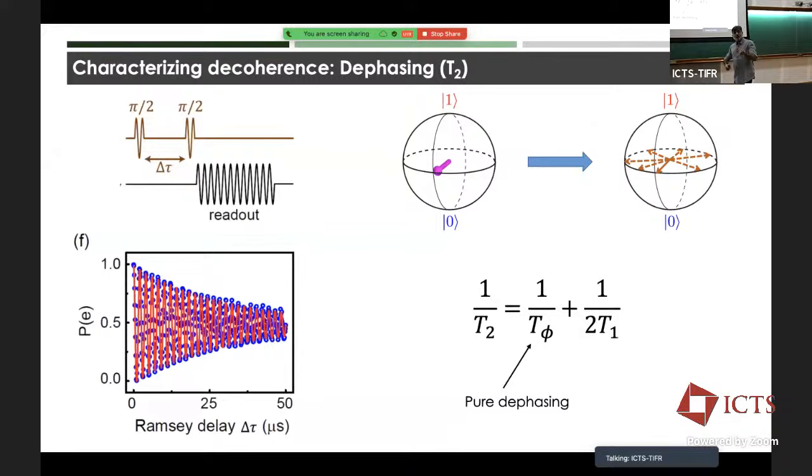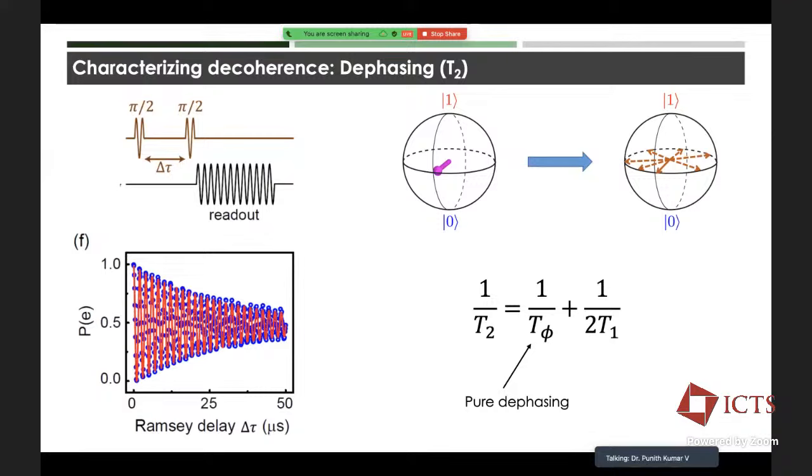But apart from that, it also gets rid of the lowest frequency fluctuations of the qubit. Because if the noise within this time window is constant or not varying much, then the noise is going to push you in a very deterministic way a certain amount. And on the other half, it will push you back exactly the same amount.